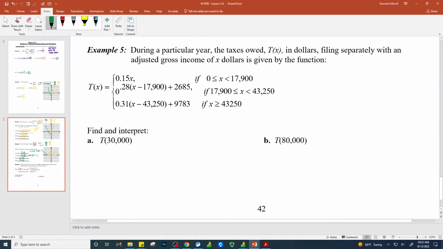People in different tax brackets have to pay taxes differently, in different percentages. So they may say, if you make between $0 and $17,900 a year, this is what you have to pay for taxes. If you make between this a year, that's your tax bracket. If you make between this a year, that's your tax bracket. Tax brackets are piecewise functions. You guys ever think of them that way? But it's really not that difficult.